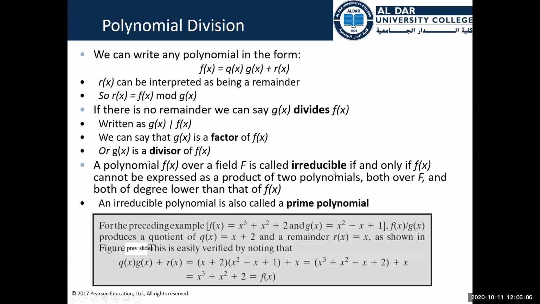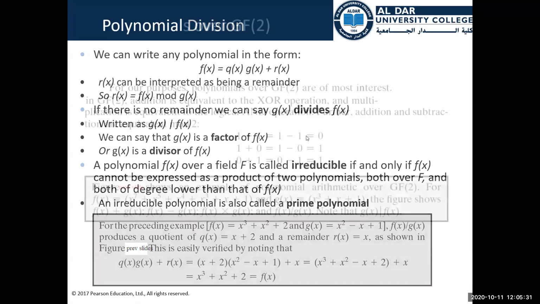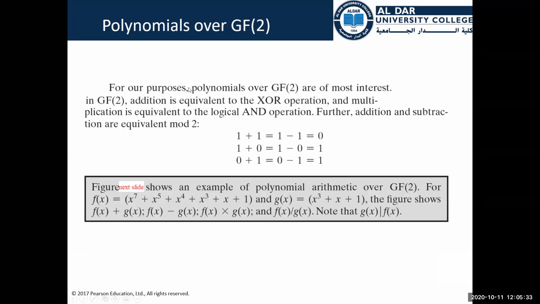A reducible polynomial should have a remainder. But the irreducible polynomials don't have a remainder, or the remainder is 0. We are mostly interested in the irreducible polynomials, or we call it prime polynomials. Okay, we will move to this after a while.